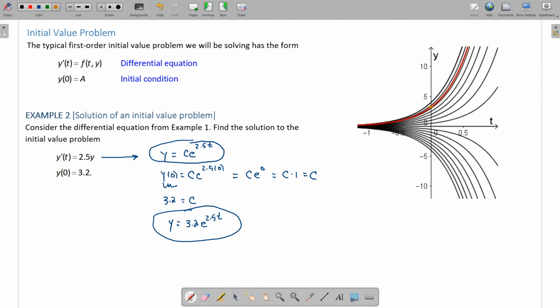When you plug in 0 here, we want the y value to be 3.2. And there is only one of those curves that has that property, this particular one. That's our particular solution that passes through that point. So that's what we mean by an initial value problem. You find the general solution, and then you use the initial condition to get the particular solution.